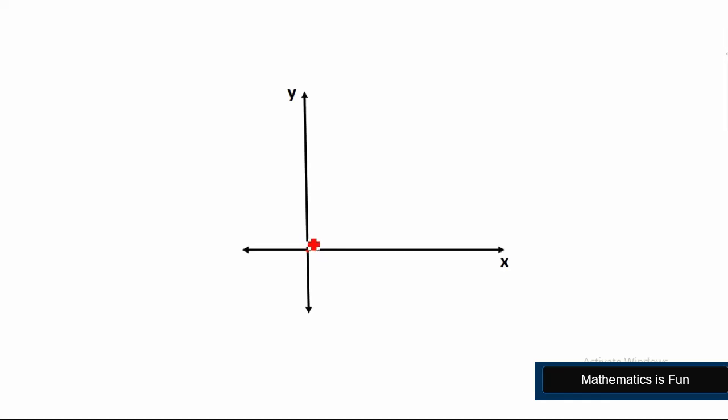So we have a two-dimensional curve, y is equal to f of x. Here x is the independent variable and y is the dependent variable. All the values of x are inputs and all the values of y are outputs.